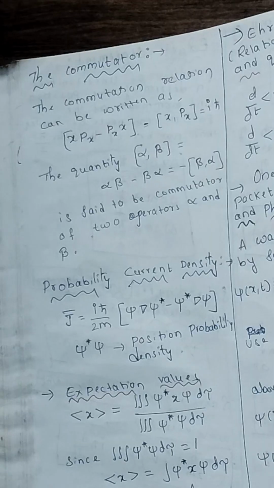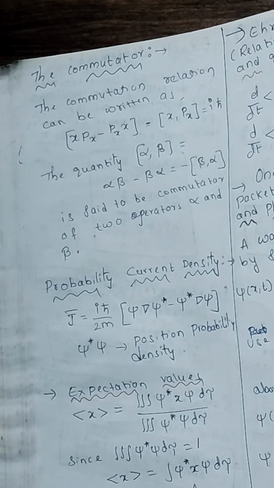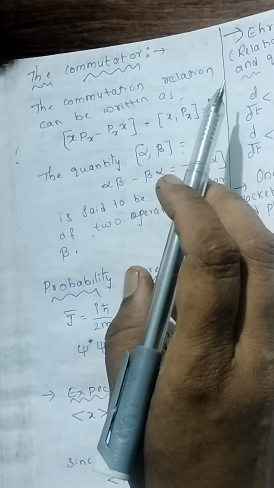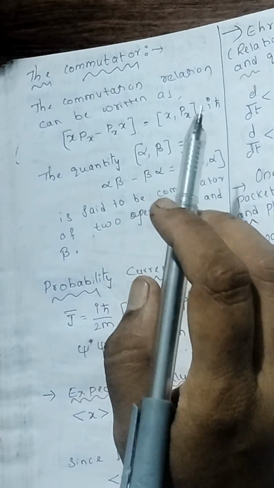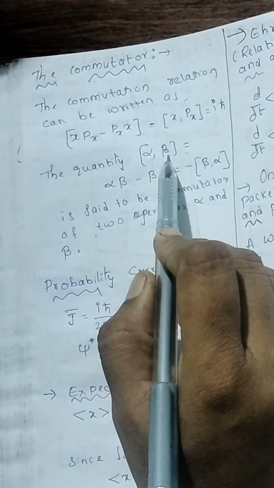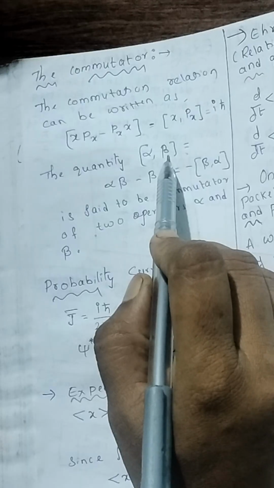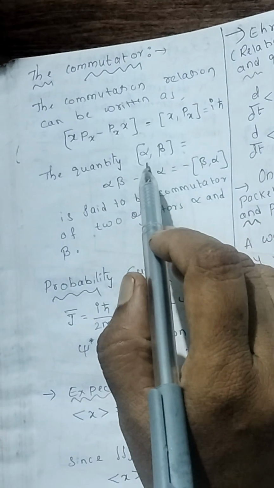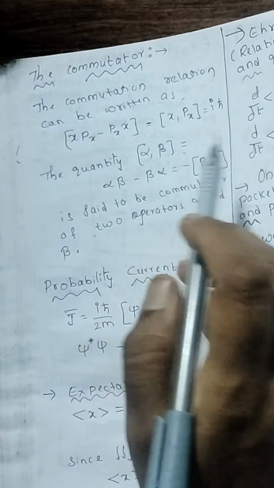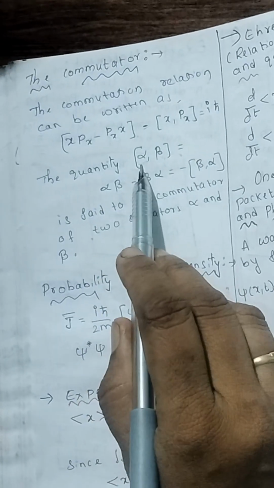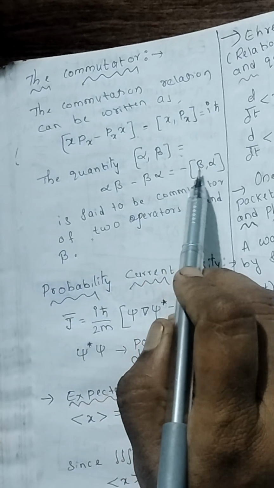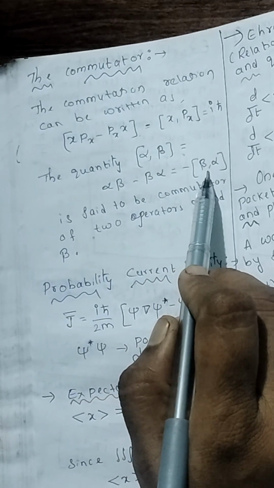Now, next, let us move towards the commutator. If, for example, we take alpha and beta, a commutator of two operators alpha and beta is written as [alpha, beta] equal to alpha beta minus beta alpha, which is equal to minus [beta, alpha].